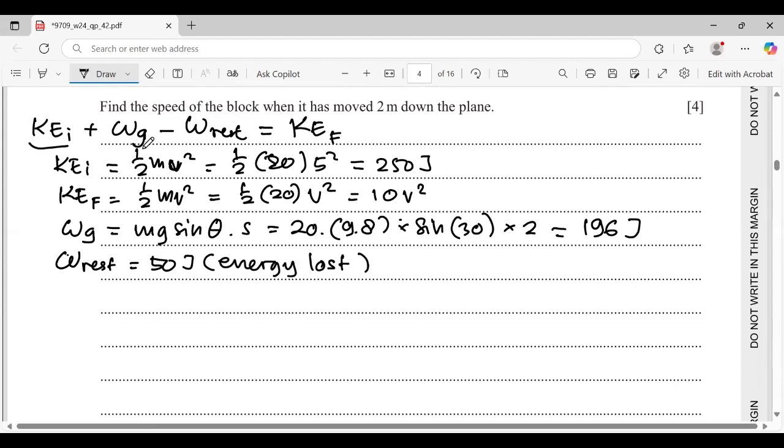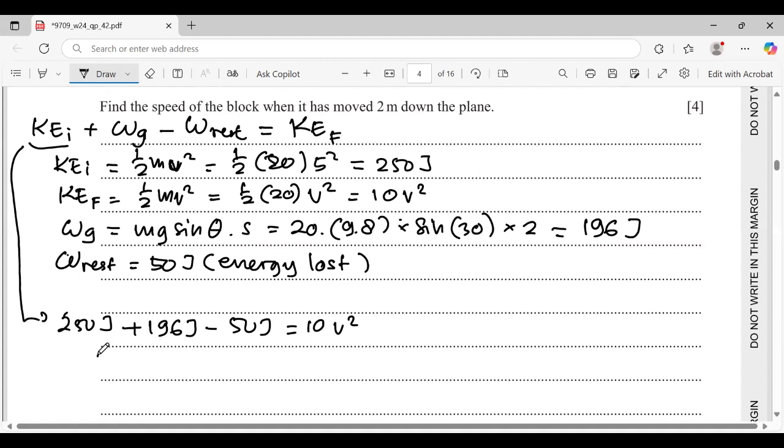Right. So from this formula, you can determine that 10 v squared becomes 250 joules plus 196 joules minus 50 joules.